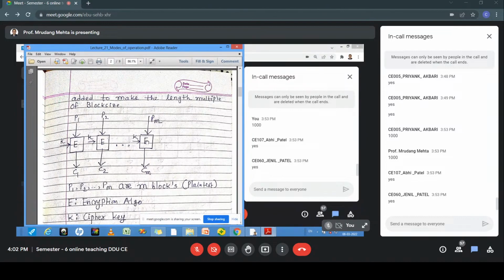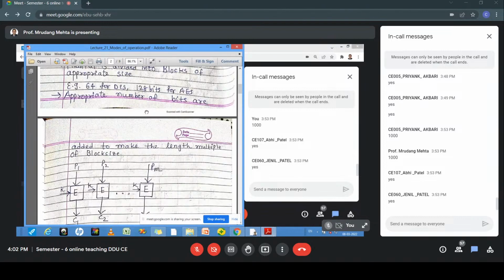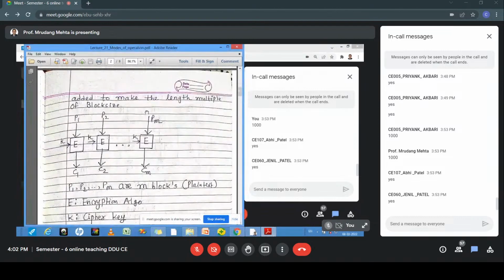This E could be DES or AES, anything. So we have to create blocks accordingly. Suppose we create plain text blocks P1 to PM and use a single key K. We generate cipher text blocks C1 to CM.